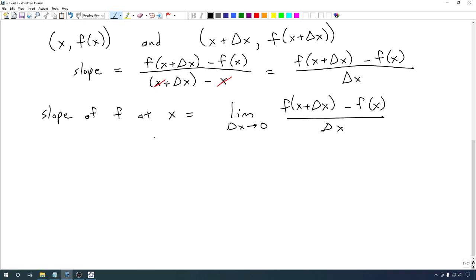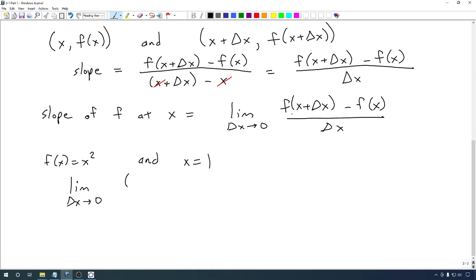Now, in our particular example of x squared and x equals 1, we can go ahead and find this limit by hand. So we're taking the limit as delta x goes to 0. That part's always exactly the same, but don't forget it. We're going to replace the f with our expression for x squared.